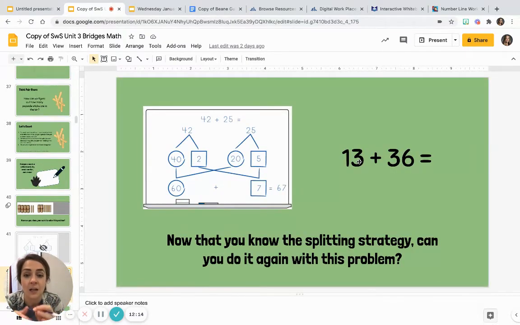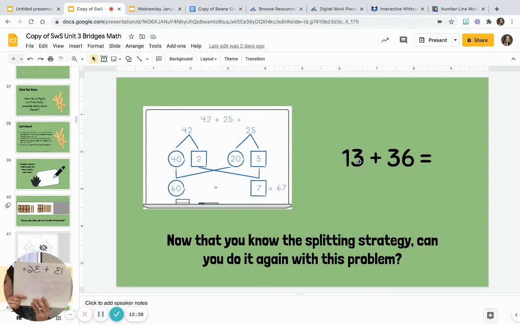All right. So now we're going to do it with this problem. I'm going to erase my board. You're going to do this with me. So we want to do 13 plus 36 equals. All right. So I'm going to split my tens.